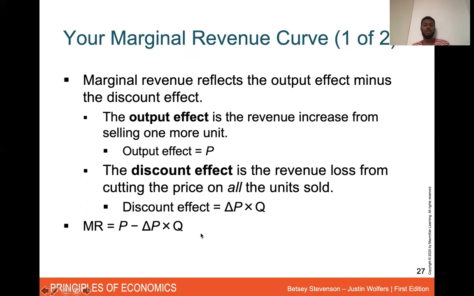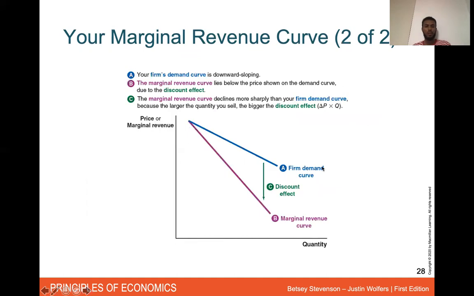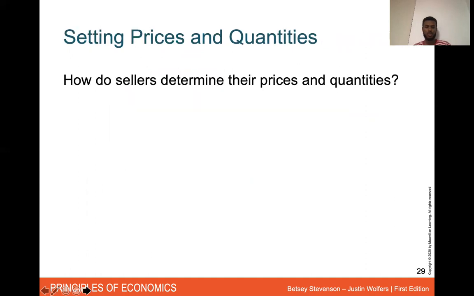So that's just the formula to remember. The discount effect and output effect I don't think are as important, but I think it is worth remembering the formula. We're going to skip that. Discount effect's not super important.